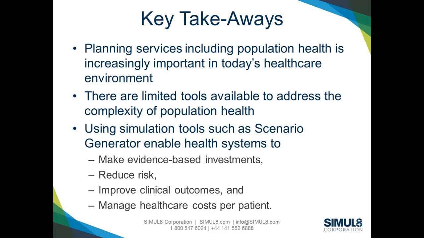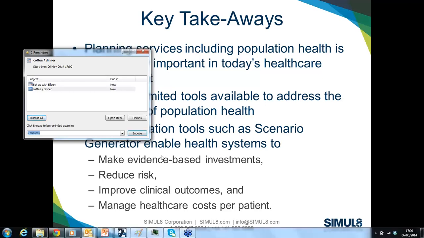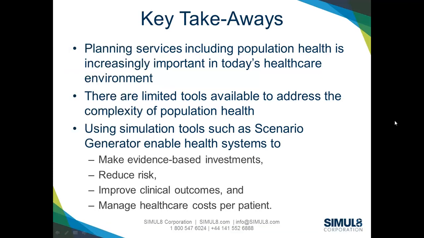But that we really, as Simone pointed out, need a tool to bring everybody together and provide that evidence. And as I think she said, root us in some actual data. The other thing that, of course, population health tools such as scenario generator enable us to do is look at reducing the risk of our investments and really making those decisions based on evidence and looking at the clinical outcomes and everything else along with that.